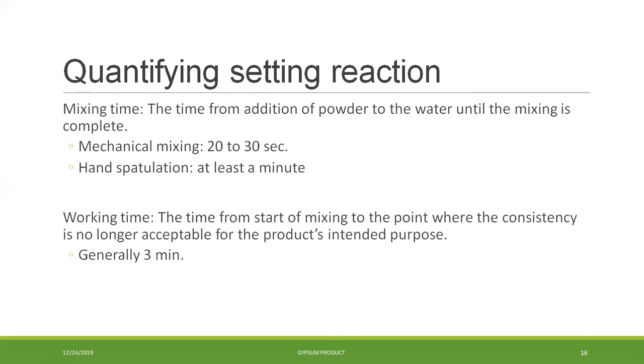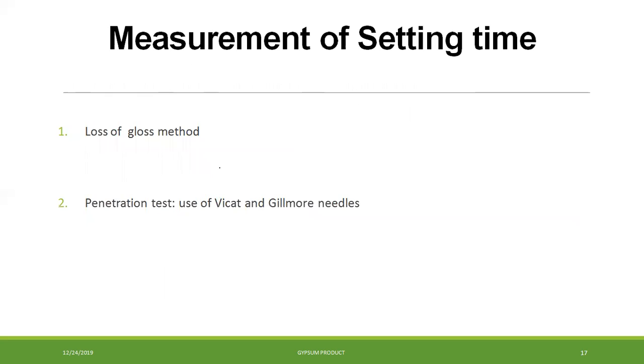Then hand spatulation at least a minute, and we can pour the cast, or use it generally up to 3 minutes. The working time starts from mixing to the point where the consistency is no longer acceptable for the product's intended purpose. So it is generally 3 minutes, from when we start mixing up to the usage time.